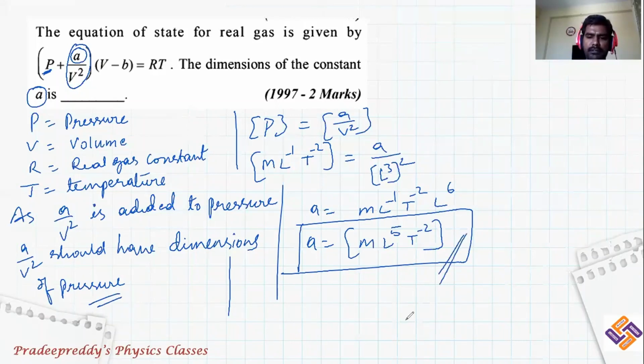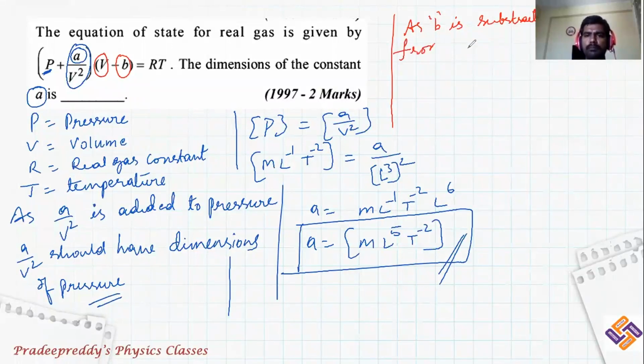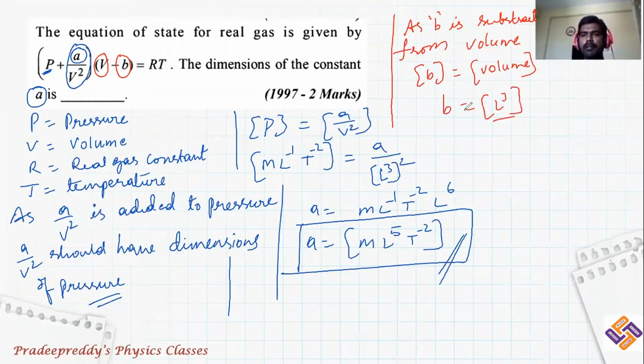See, check it up in this problem. The same question. V is volume. B is subtracted from volume. As B is subtracted from volume, dimension of B is equal to dimension of volume. Okay, so B will have dimensions of L cube, because volume is equal to length into breadth into height.